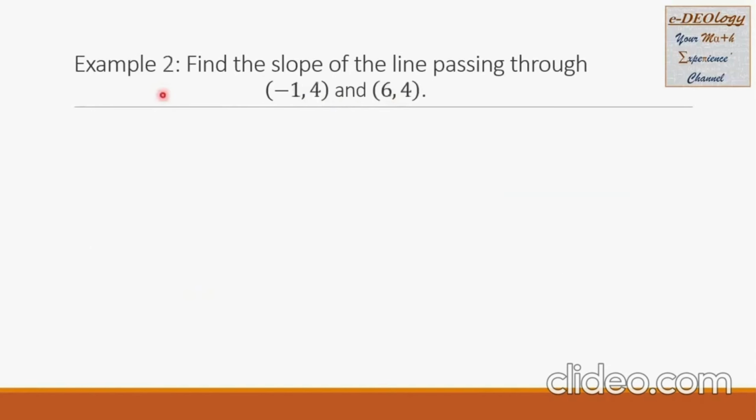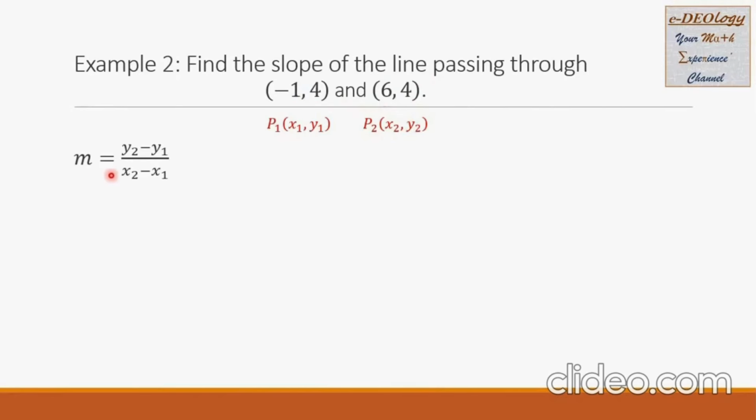Let us have example 2. Find the slope of the line passing through (-1, 4) and (6, 4). Let us assign the P sub 1 and the P sub 2 respectively. Then we write the slope formula.